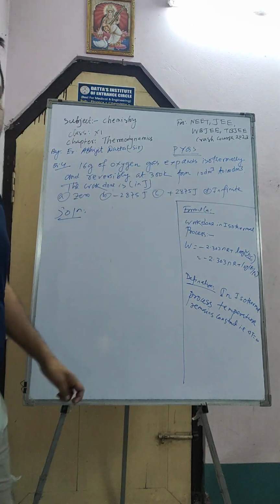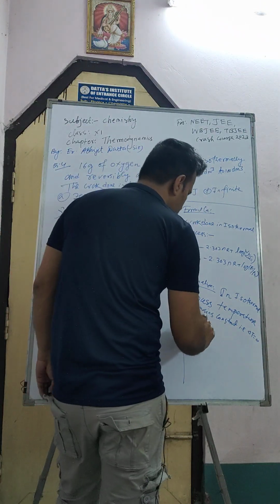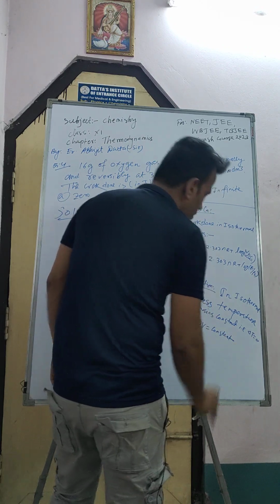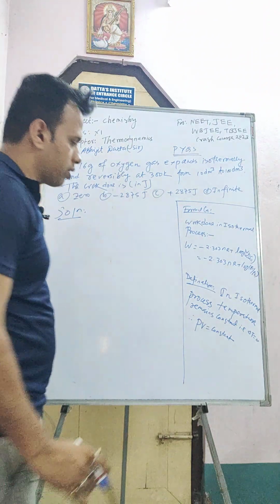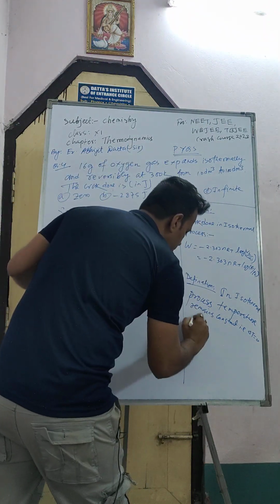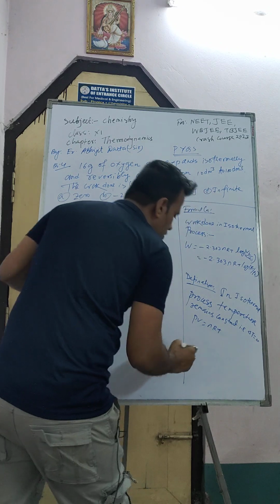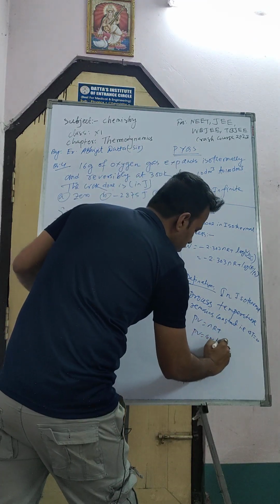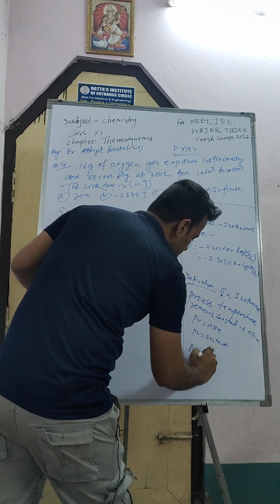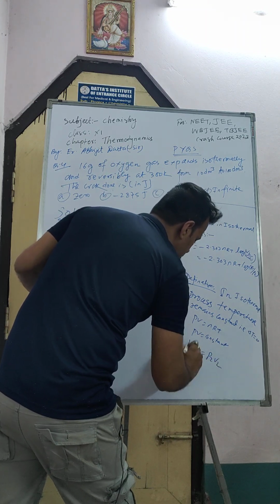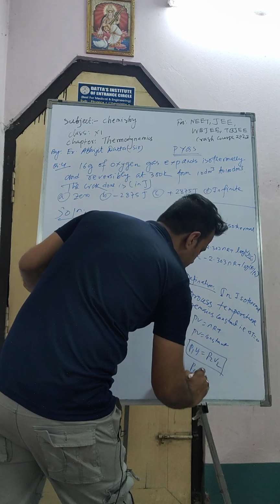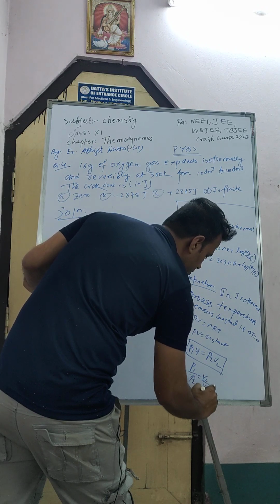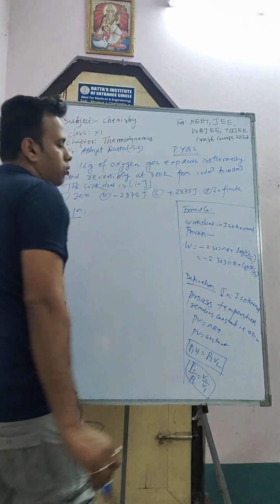That is del T equal to 0. Therefore, mathematically PV equal to constant. We know that from the ideal gas equation PV equal to nRT. T is constant, n and R are constant, so PV equal to constant. So we can set P1V1 equal to P2V2, or P1 by P2 is equal to V2 by V1. This is the isothermal process.